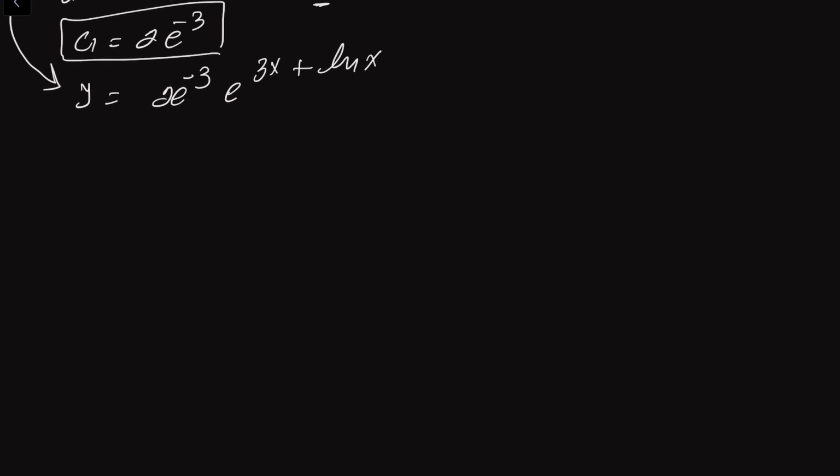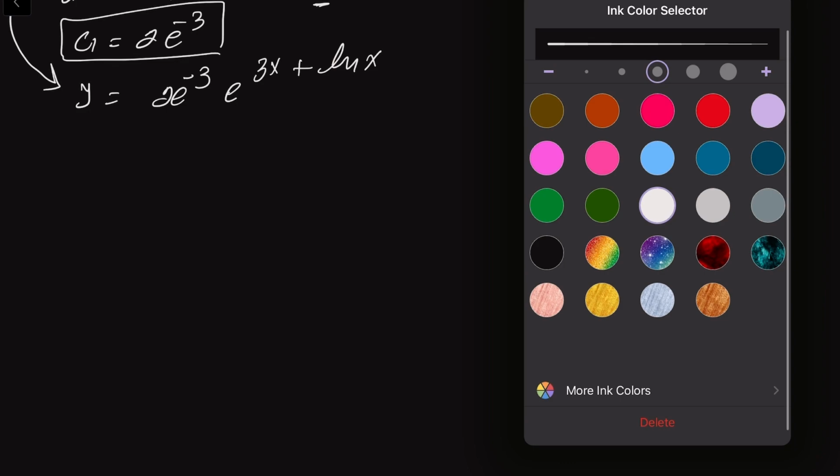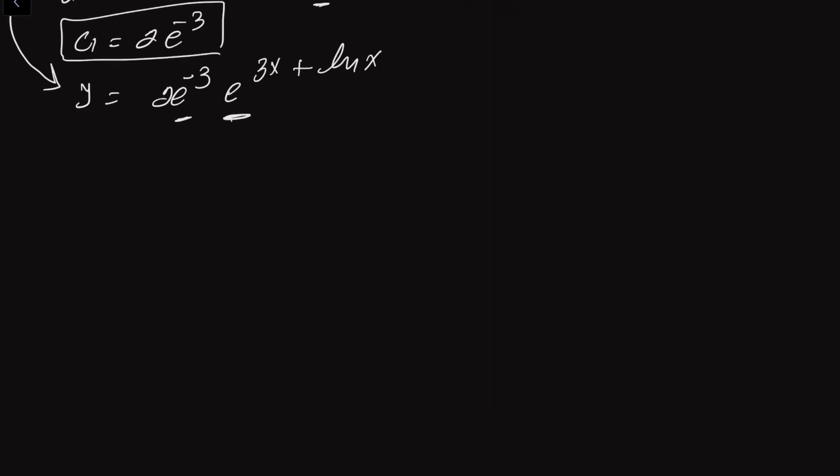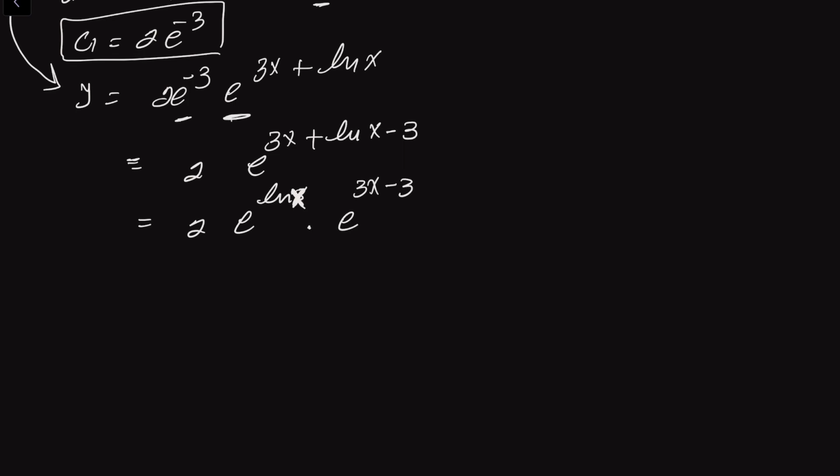We have e and we have e, so we can combine this: 2 e to the 3x plus natural log of x minus 3, which is going to be equal to e to the natural log of x times e to the 3x minus 3.